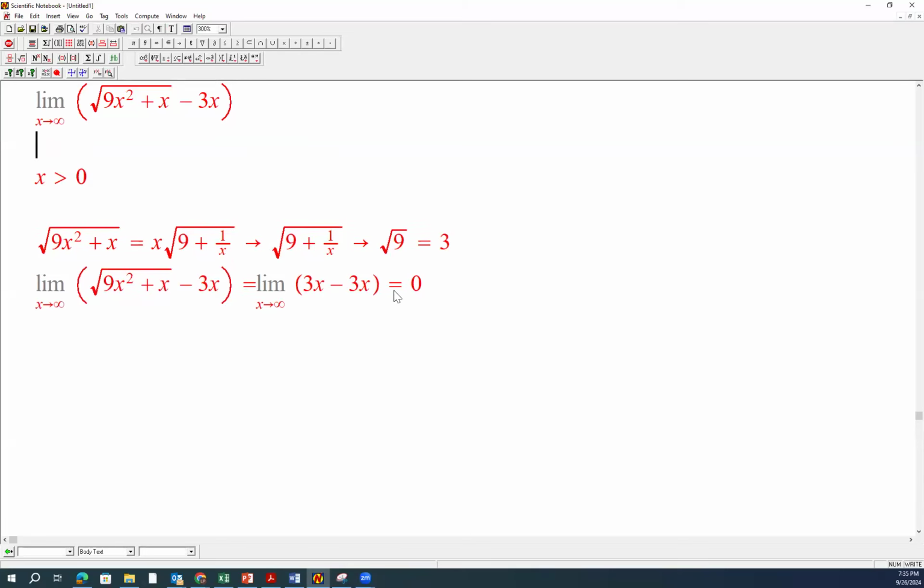Yours may be slightly different from this, but it's similar. From the beginning, when x is approaching infinity, this square root is approaching infinity, and 3 times x also approaches infinity. In this case, we cannot apply limit law because each individual limit does not exist. You can't do this.